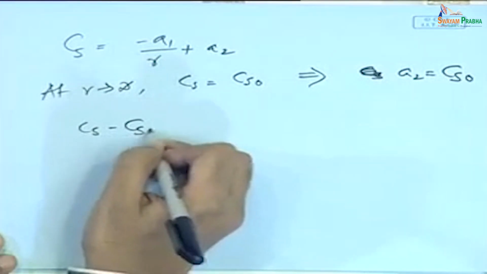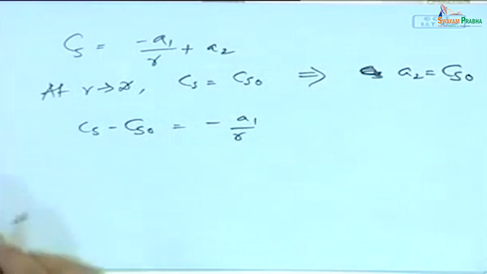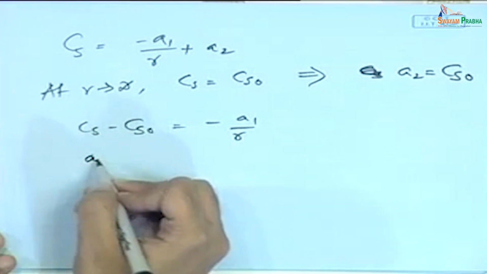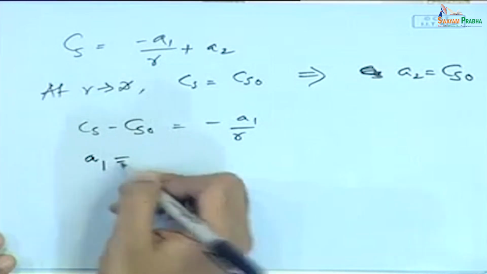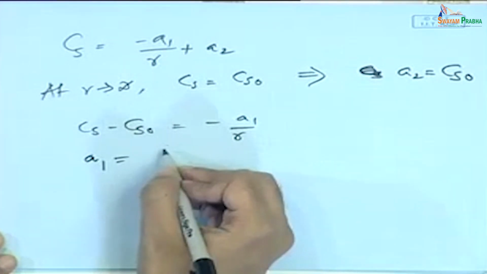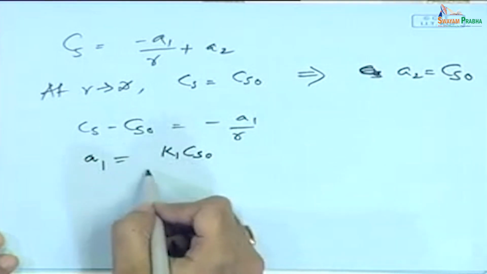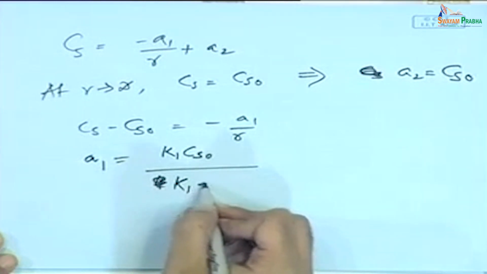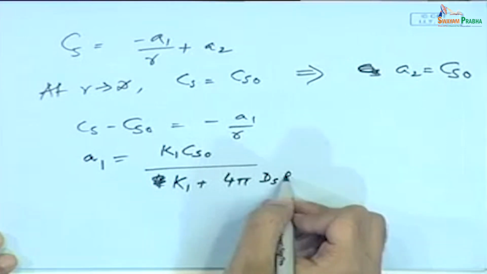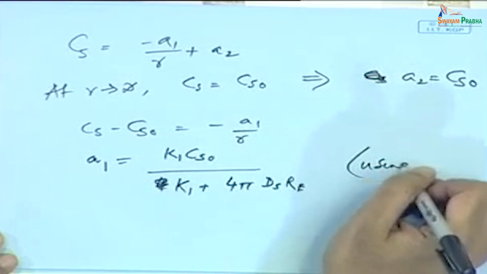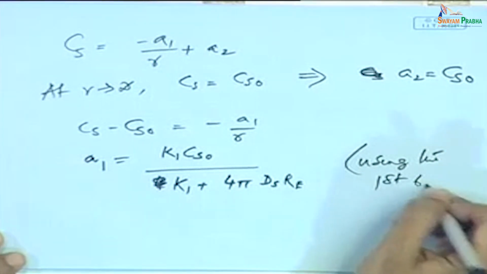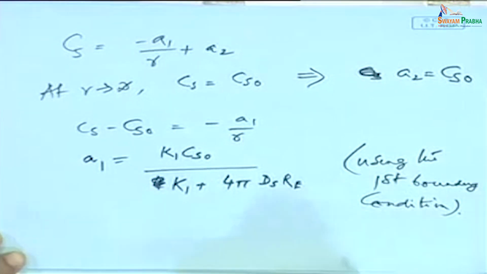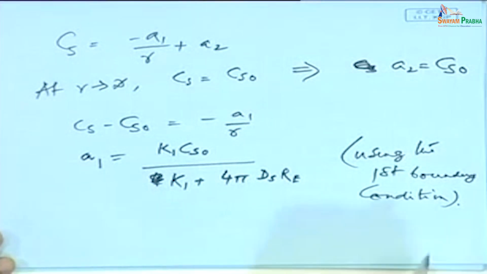So Cs minus Cs naught equals minus A1 over r, and so A1 equals... you get that, after using the first boundary condition?